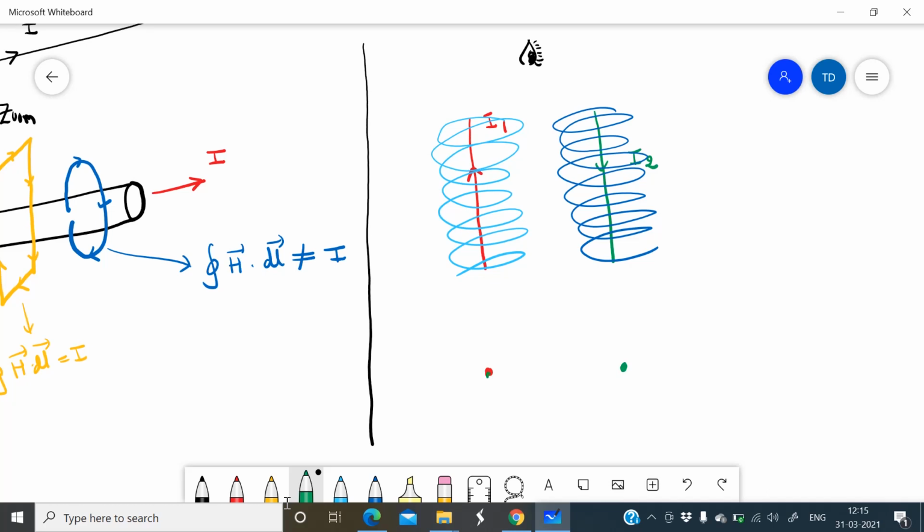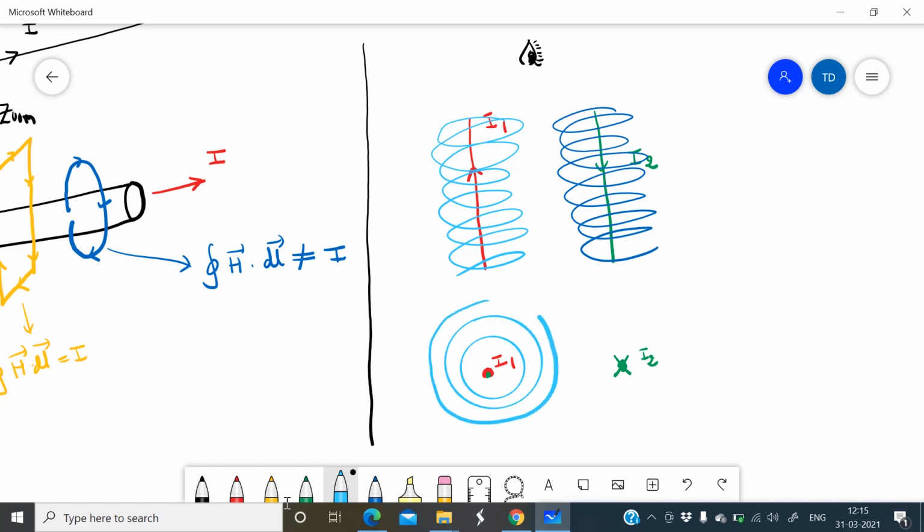For the red wire the current is coming out of the page, so I will represent it using a dot. For the green wire the current is going into the page, so I will draw a cross. Now the field direction. This circle indicates the magnetic field around the first wire, and this is the direction of the magnetic field.